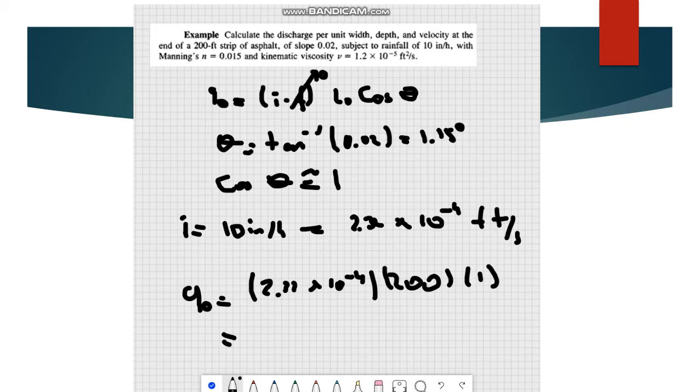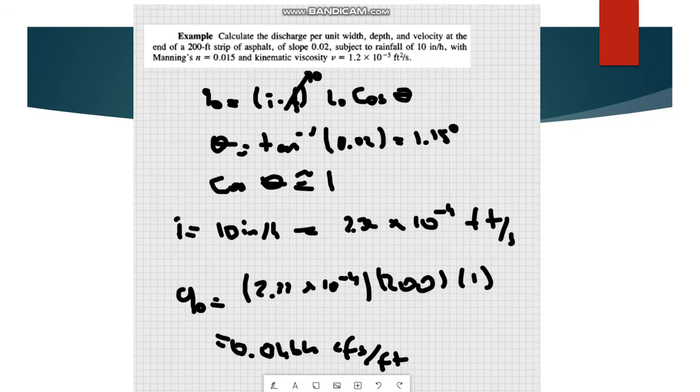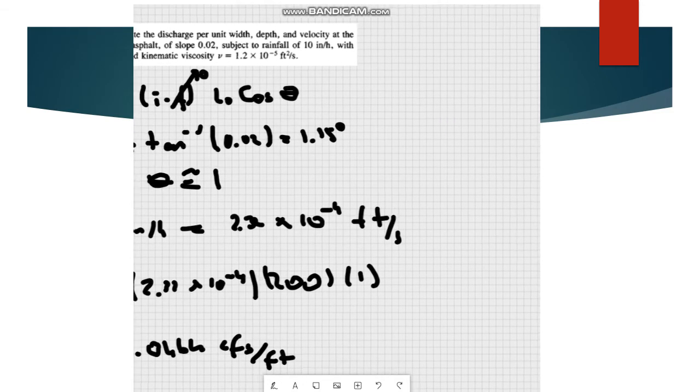Okay, so Q0 is 0.0464 cubic feet per second per foot. So we already found, in this case, the discharge per unit width.